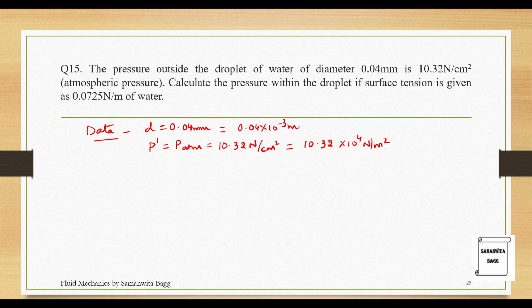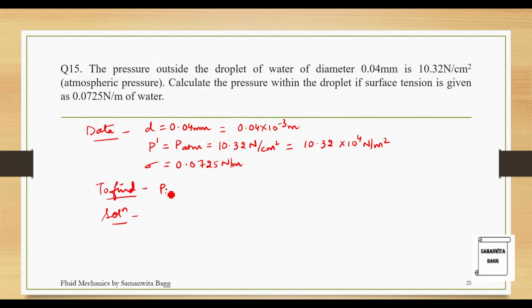If surface tension is given, I write down the value of sigma as 0.0725 Newton per meter, and I need to find the value of P. Now, you need to first understand that the pressure inside the droplet is in excess of the pressure of the outside. So, we need to calculate here P, which is pressure inside the droplet.